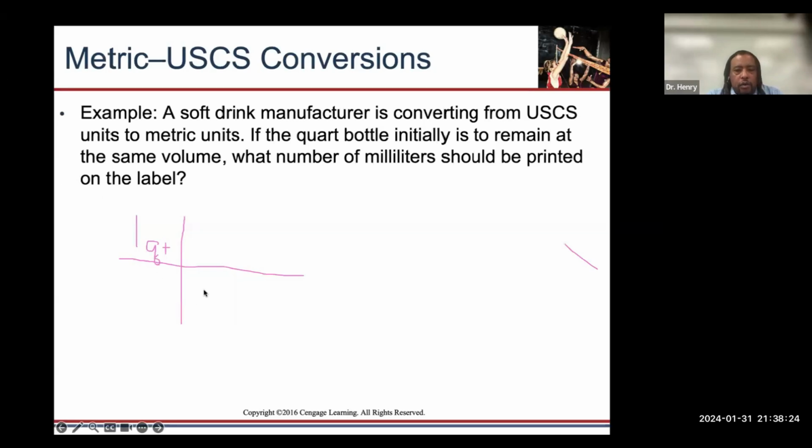So we know that 4 quarts is going to be equal to 1 gallon. So I'm just going to use gal as my abbreviation. And then we know that 1 gallon is equal to 3.785, I think it's 85.